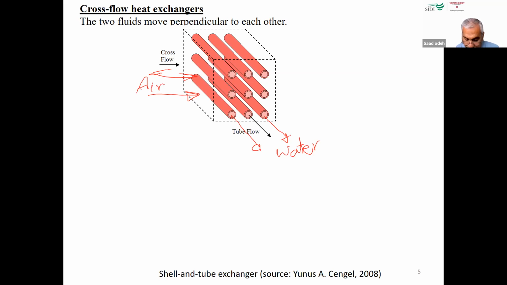We have different applications for the cross flow. One of these applications is the radiator in vehicles, in cars. In most cars, we have a water cooling system to cool the engine, and the radiator has a design similar to the cross flow heat exchanger.